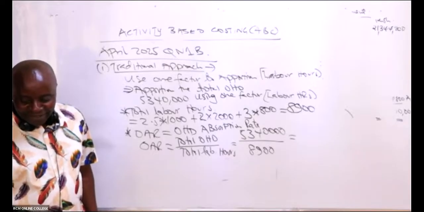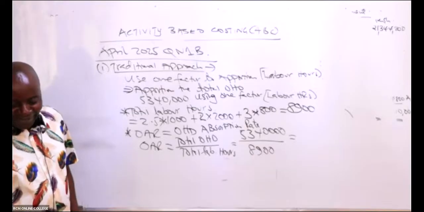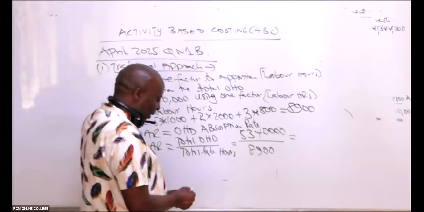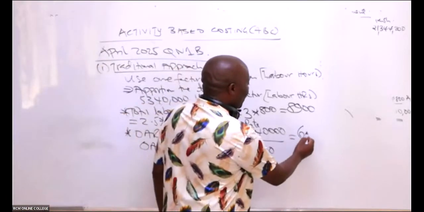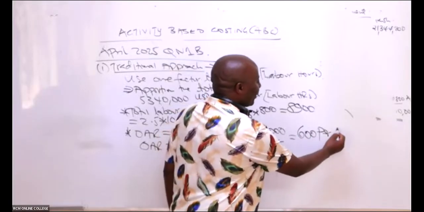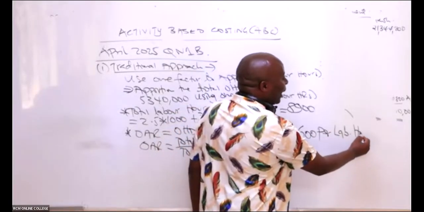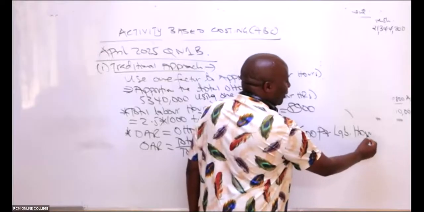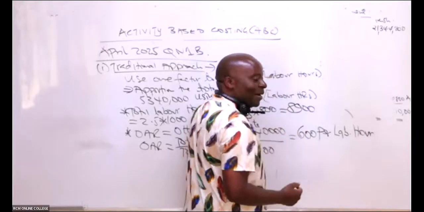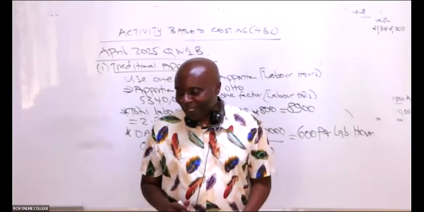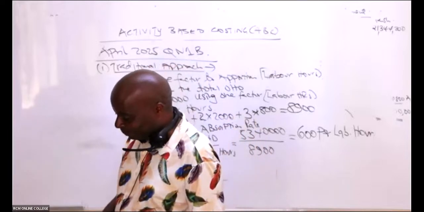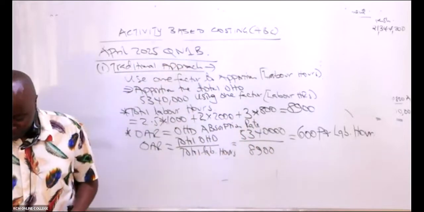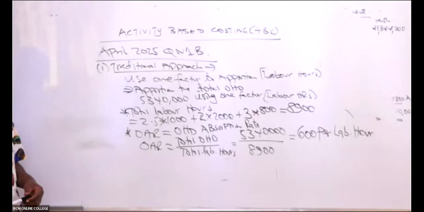So this is 600 per what? Per labor hour or per hour, isn't it? I like differentiating this by mentioning labor hour because there are also machine hours. So that is our overhead absorption rate.